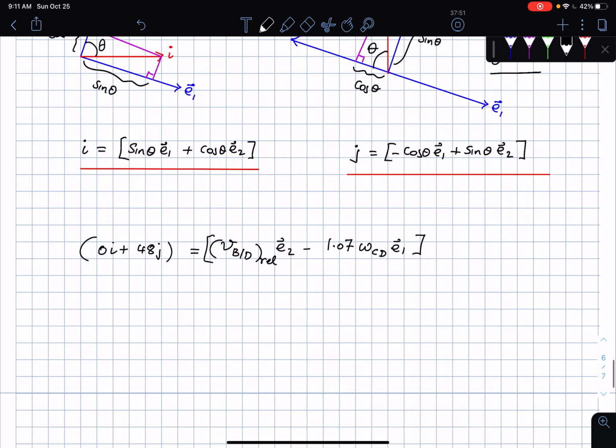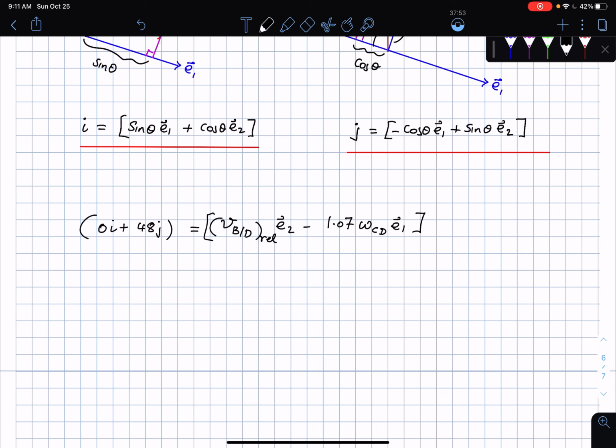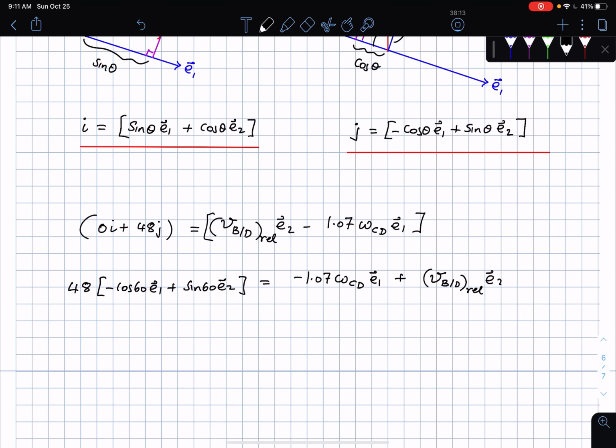So do the substitution. Here is what I end up getting. 48 times J, which is minus cosine 60 E1 and then sine 60 E2. This is minus 1.07 omega CD E1, and then this is going to be V B/D relative E2.